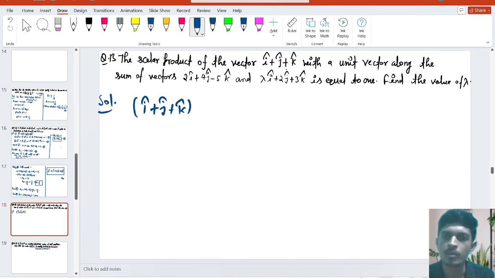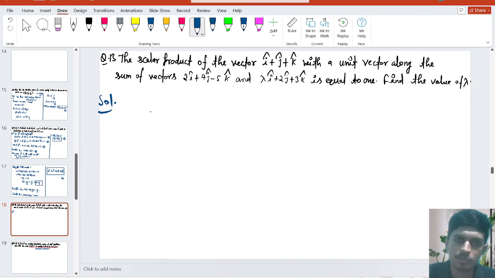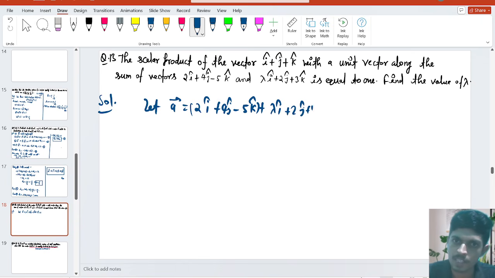The scalar product of the vector i cap + j cap + k cap with the unit vector along the sum of this. Let vector A equal to 2i cap plus 4j cap minus 5k cap, plus lambda i cap plus 2j cap plus 3k cap.